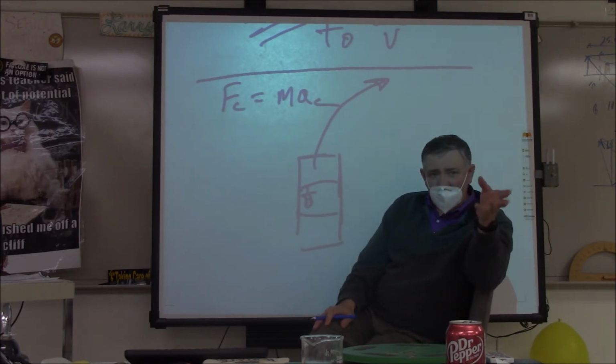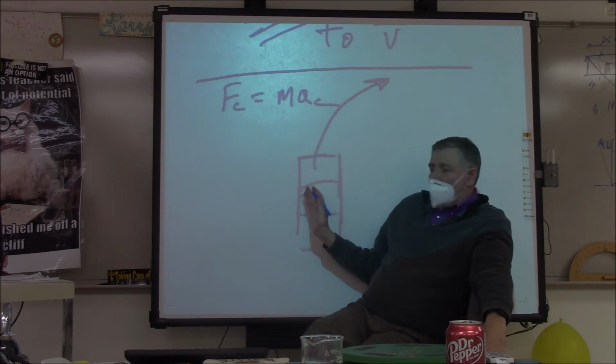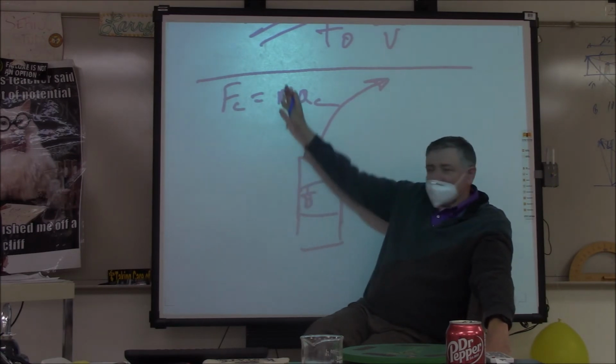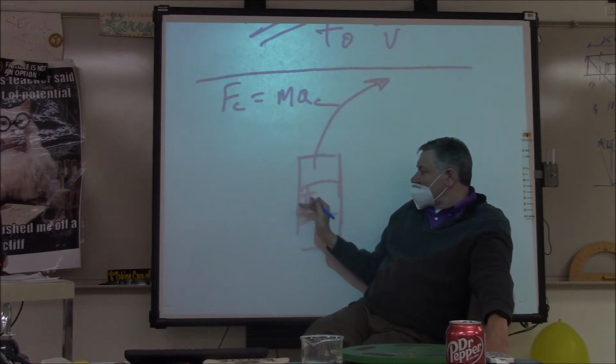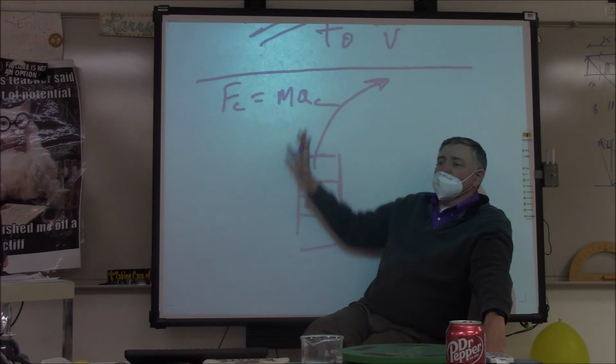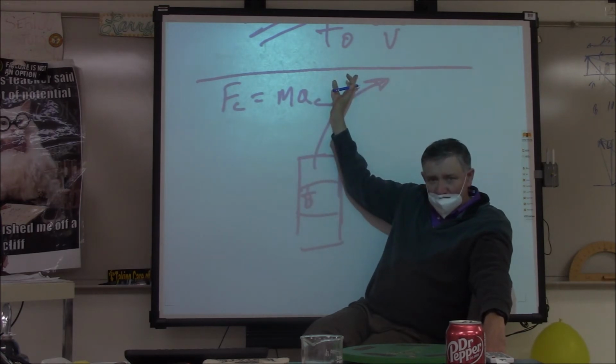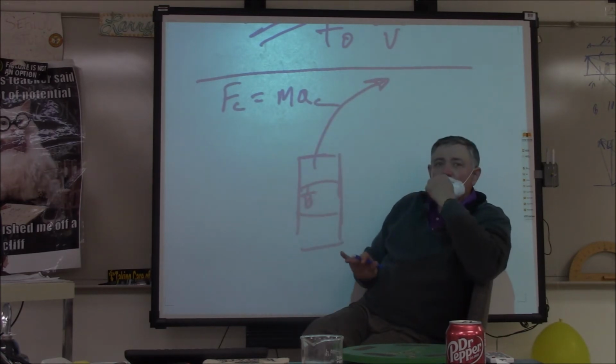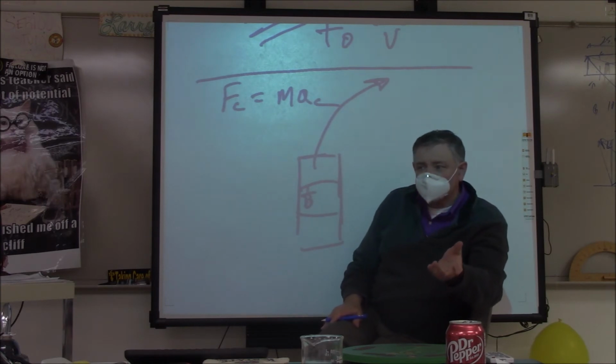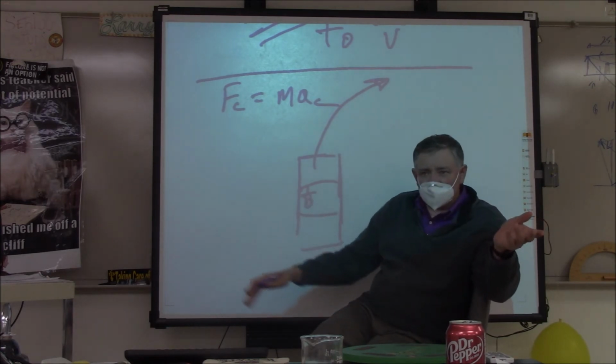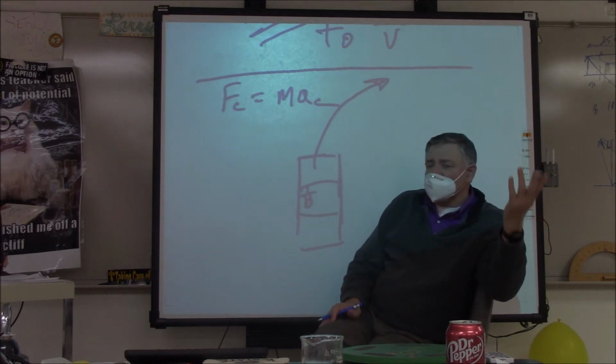But here's the reality. What's happening is that your body just wants to move in a straight line. What you're feeling is the action-reaction force against the car door. Okay? Because if you think about it, and you say, well, I'm being pushed against that, what would be the source of that force?